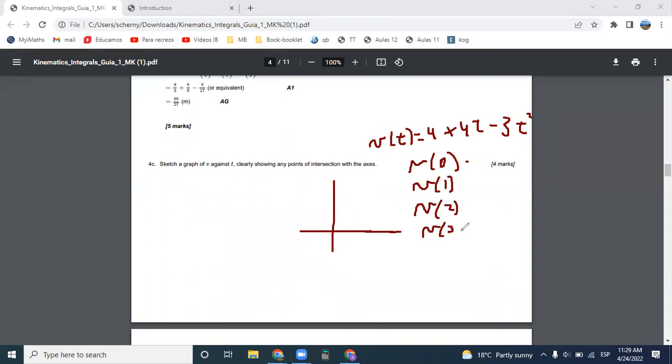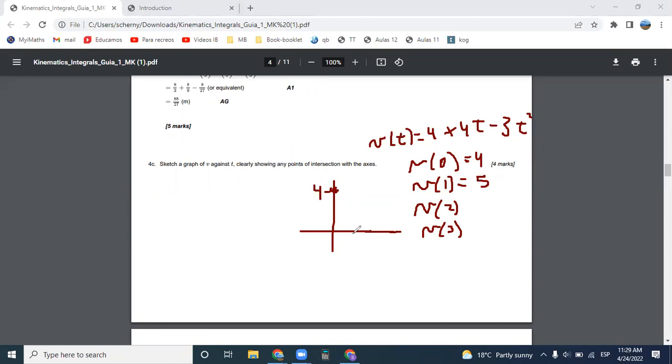So v of 0 is 4 plus 0 plus 0, which is 4. So we start here at 4, we have this point. V of 1, when t is equal to 1, we have 4 plus 4 minus 3, which is 5.